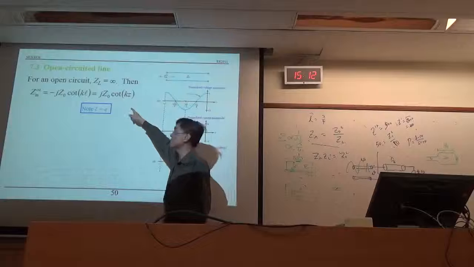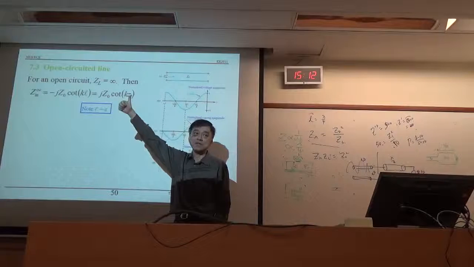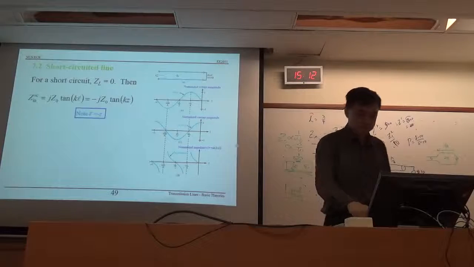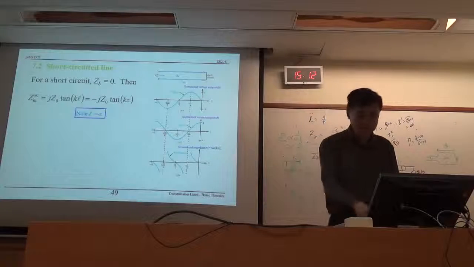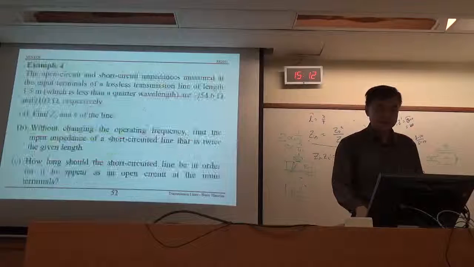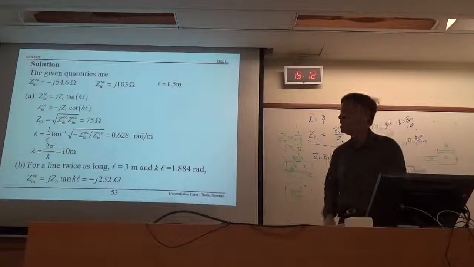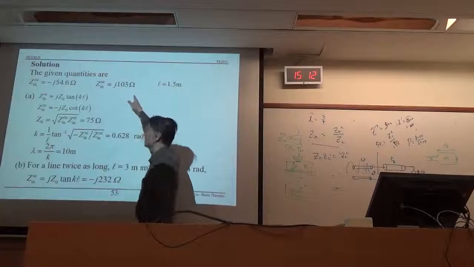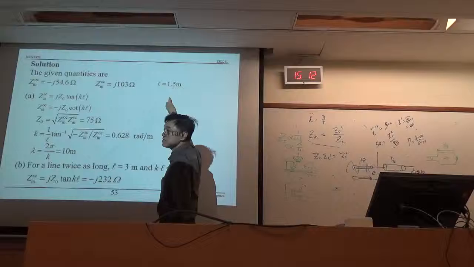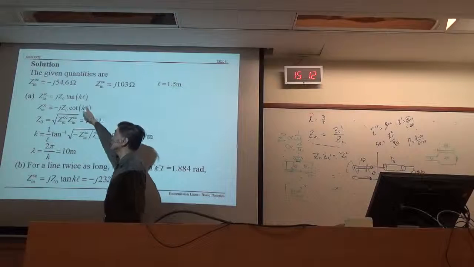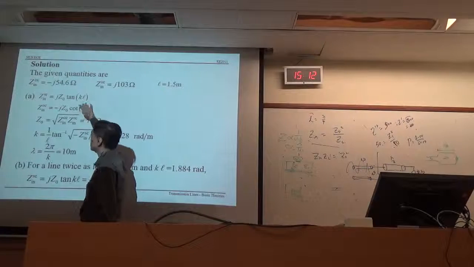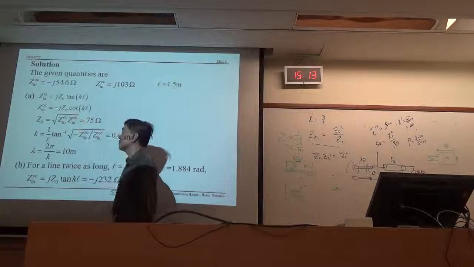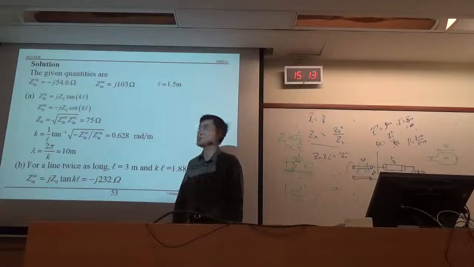You see that the two equations have two unknowns, Z0 and K. You are given input impedance for open circuit and input impedance for short circuit, and L is equal to 1.5 meter. You put the two equations here, only two unknowns, Z0 and K, so you can actually solve for Z0 and K.